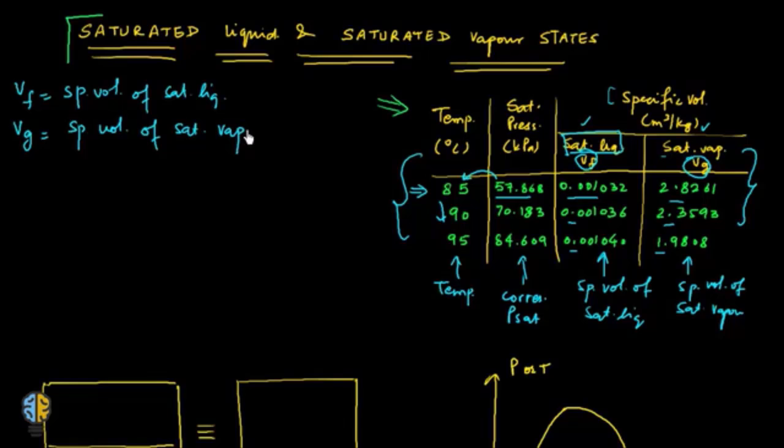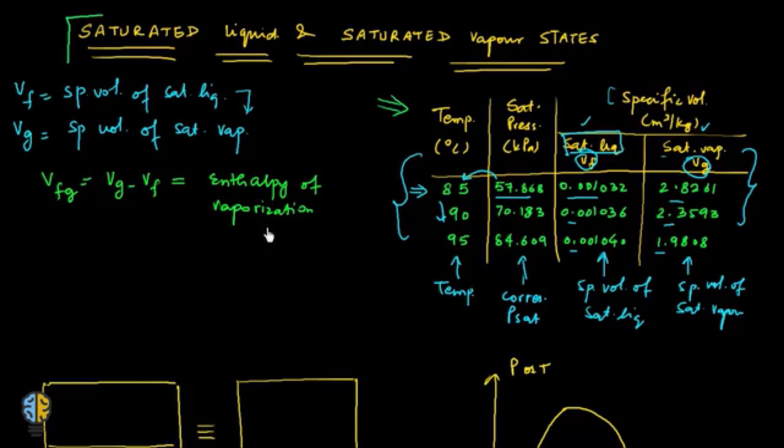Now, we all know that there is a certain amount of heat that goes in when we go from liquid to vapor form. So the difference between g and f values is known as the fg value, and this is called the enthalpy of vaporization, or latent heat of vaporization.